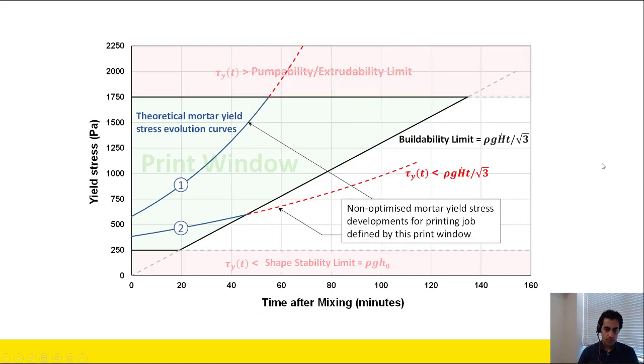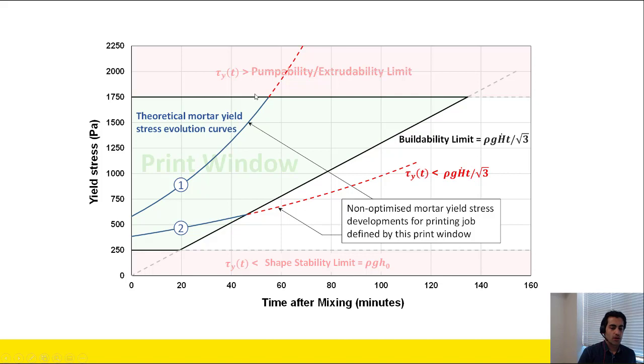These are two theoretical mortar yield stress evolutions. As you can see, one of them is good in terms of shape stability. The initial yield stress is quite high, and you just start your printing. But the problem is that it sets very quickly, and then you get a pumpability issue. That can be one case.